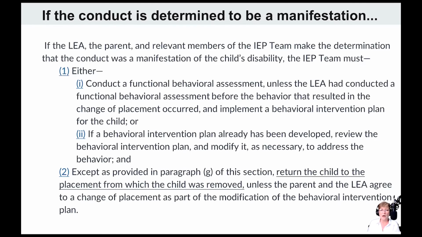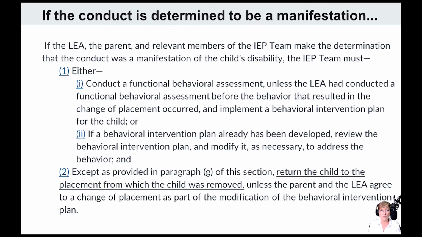So let's say the conduct is determined to be a manifestation of the student's disability. Then what? Well, if the student did not have a functional behavioral assessment before, they need to conduct one. However, if the child did have a functional behavioral assessment along with a behavior intervention plan, they need to revisit both.